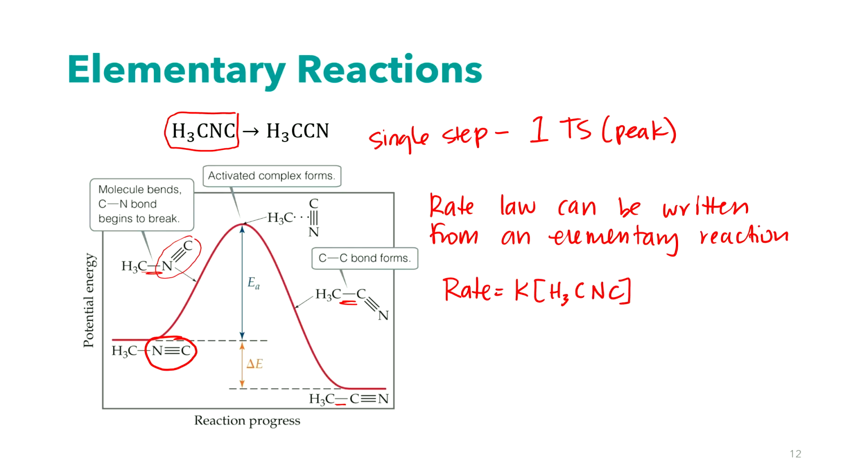Okay, there's nothing else funky going on here. It's a single step. It's got to depend just on the concentration of that methyl isonitrile. Okay, so we can do that.